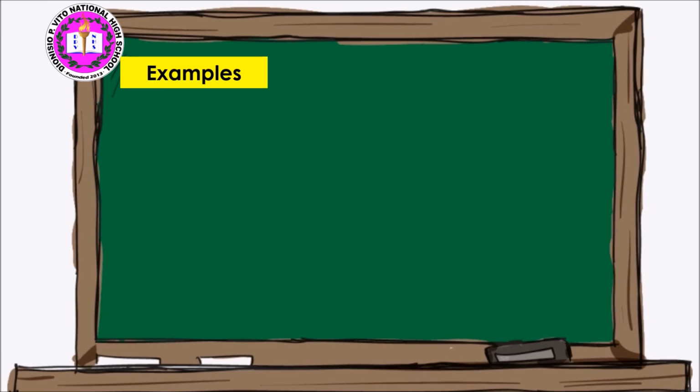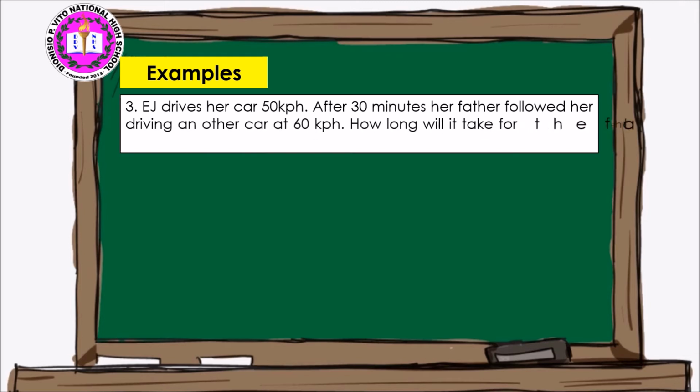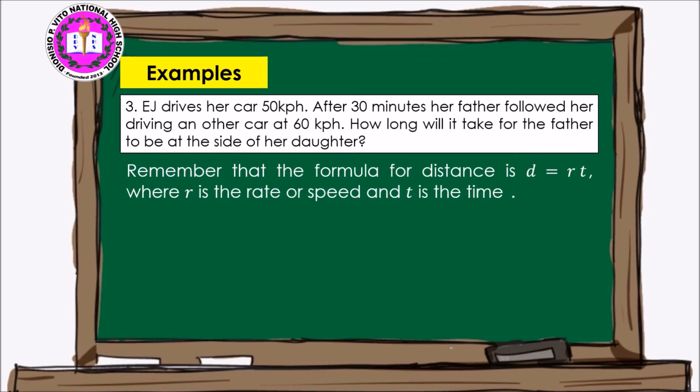For the third example, AJ drives her car 50 kilometers per hour. After 30 minutes, her father followed her, driving another car at 60 kilometers per hour. How long will it take for the father to be at the side of his daughter? Remember that the formula for distance is d, which is equal to r times t, where r is the rate or speed and t is the time.